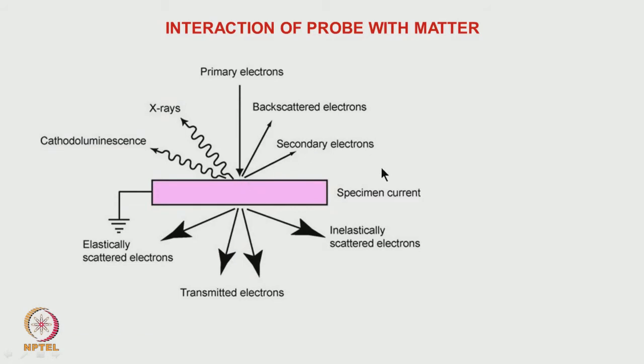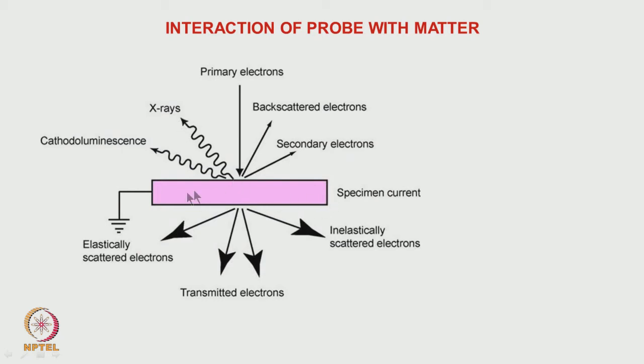These secondary electrons could be electrons with very low energy, or Auger electrons or X-ray photoelectrons, which are also secondary electrons. These are all the various signals which come out from the sample. These phenomena will be covered in a later class. At this juncture you should know that these are the types of signals which come, and X-rays characteristic of the sample will also be emitted.